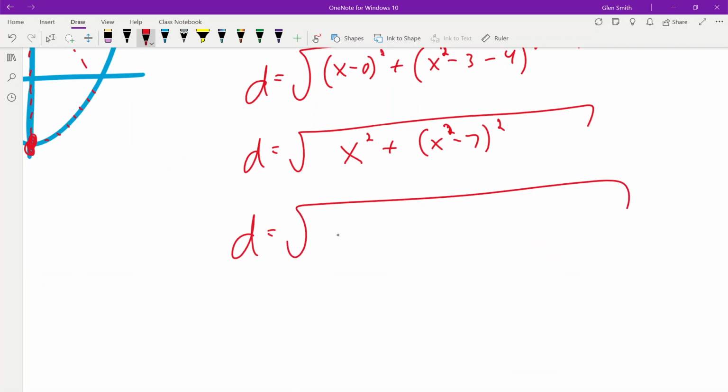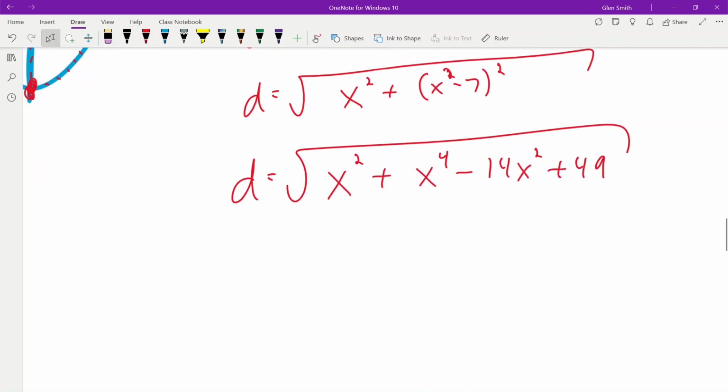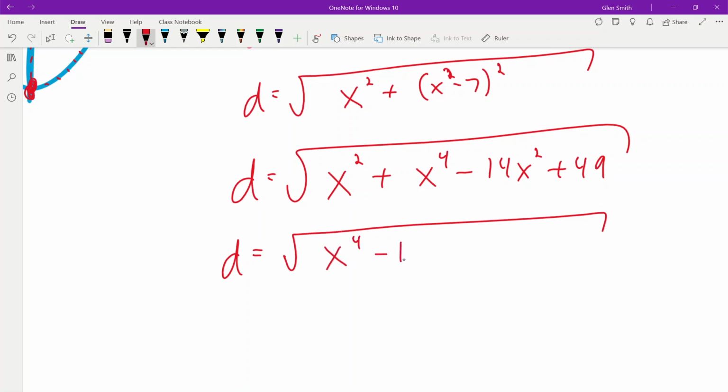So I told you to simplify the inside of this. To square that out, it's the first thing squared, minus double them together. That's 7x squared doubled, that's 14x squared, plus the last thing squared, that's 49. And finally, in our simplification of this formula, we have x to the 4th minus 13x squared plus 49.